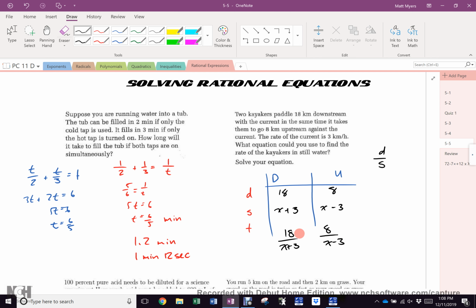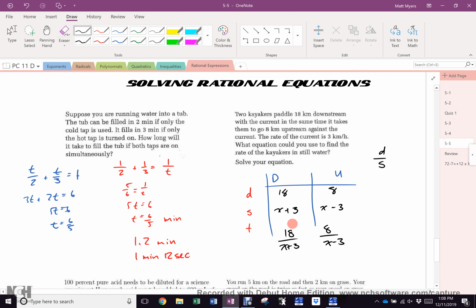What does the very first sentence of the question say? Upstream, time, what? Two kayakers paddle downstream with the current in the same time as it takes to go upstream.